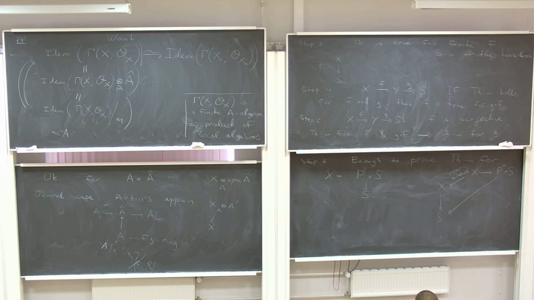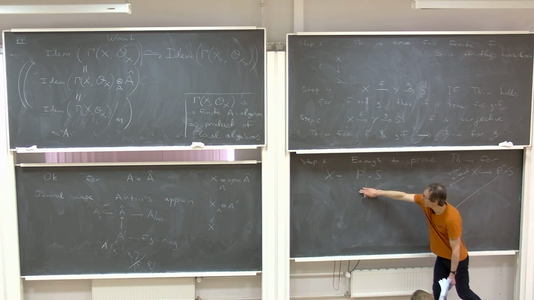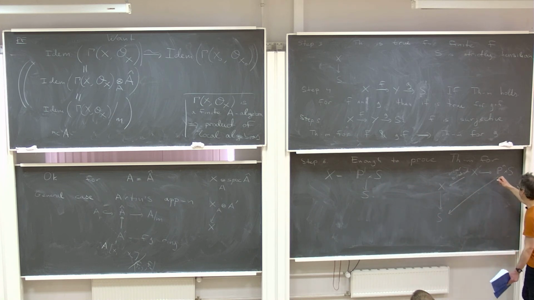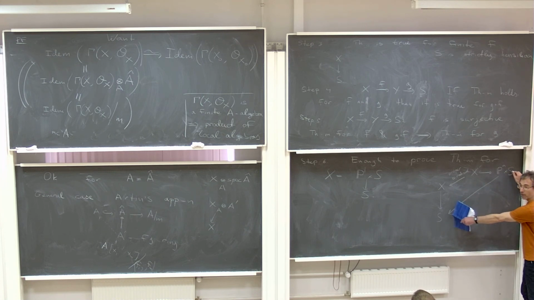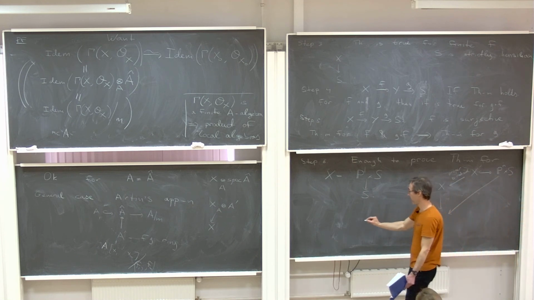So, okay. First of all, let's first show that if I know this, I know the assertion for P^n times S, for higher dimensional projective space. And here is the argument.